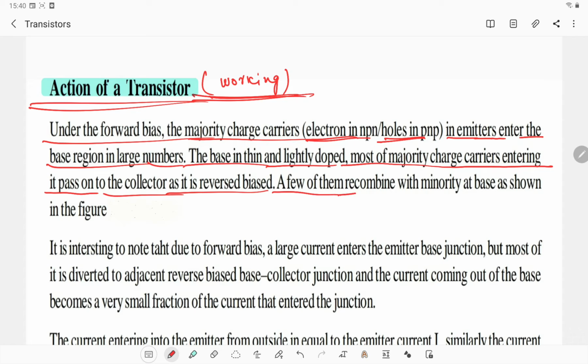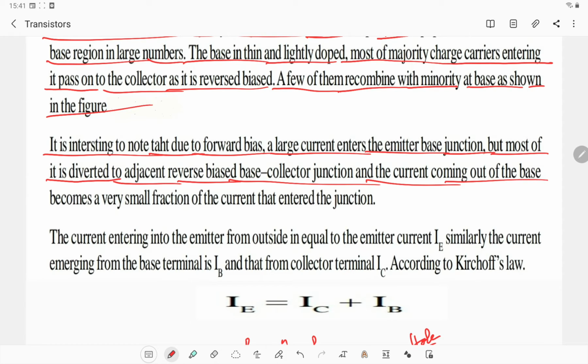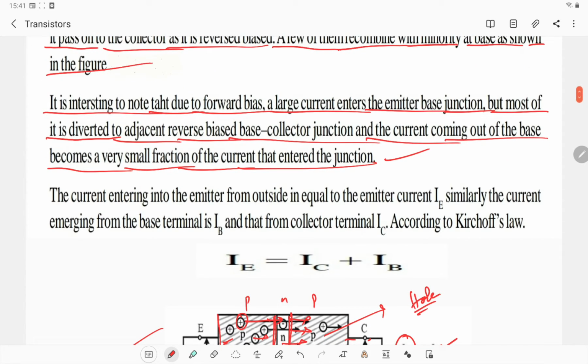A few of them recombine with the minority carriers at the base as shown in the figure. It is interesting to note that due to forward bias, a large current enters the emitter base junction, but most of it is diverted to the adjacent reverse biased base collector junction, and the current coming out of the base becomes a very small fraction of the current that entered the junction, that is due to minority charge carriers.